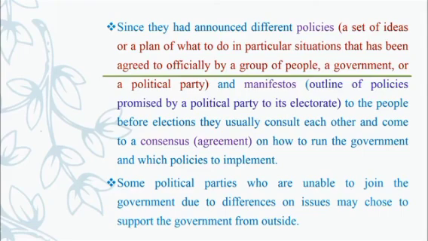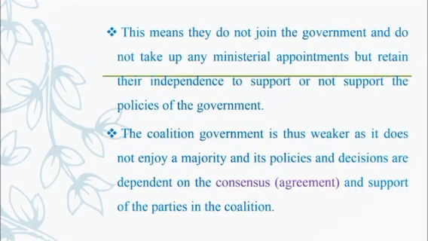Then, some political parties who are unable to join the government due to differences on issues may choose to support the government from outside. This means they do not join the government and do not take up any ministerial appointments but retain their independence to support or not support the policies of the government.